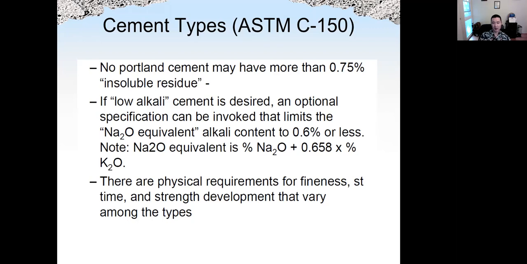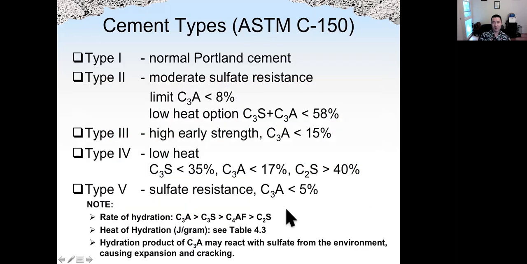Okay. There are some more physical requirements for the fineness, setting time, and the strength. Here is some of the limitation for the compounds in different types of cement, as we can see from here.